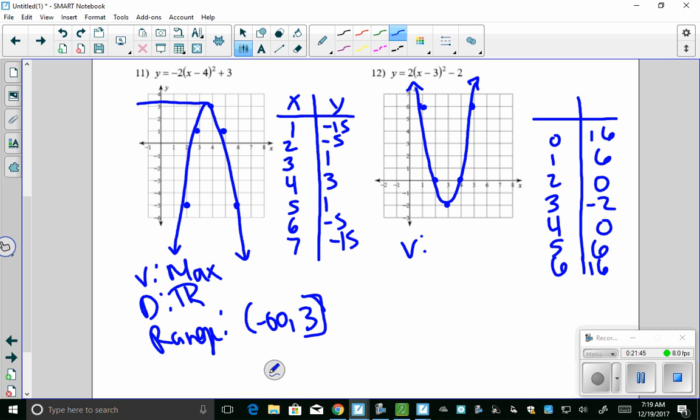Where my vertex is now a minimum again. My domain is all real numbers. And my range is -2 to positive infinity.